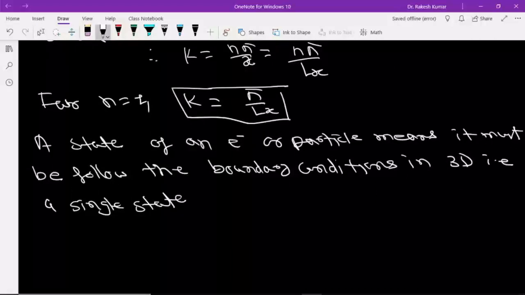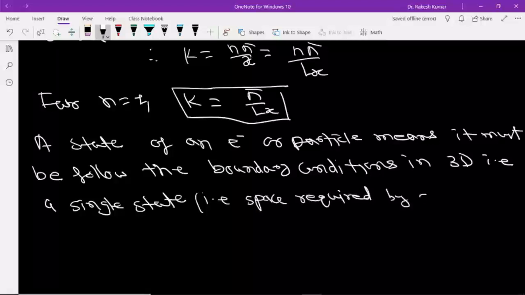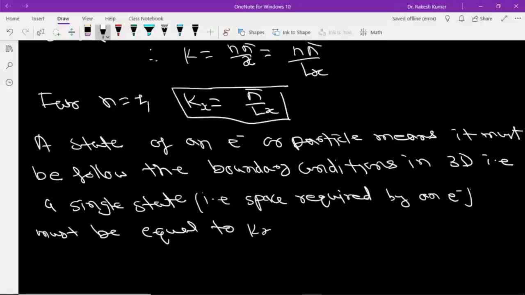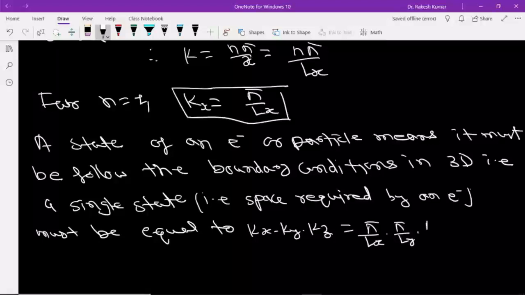And what is the meaning of the single state? It is the space required by an electron, which must be equal to, this is in k direction, so we can write kx, ky, kz, which is equal to pi over Lx if we take direction in x, and pi over Ly and pi over Lz.